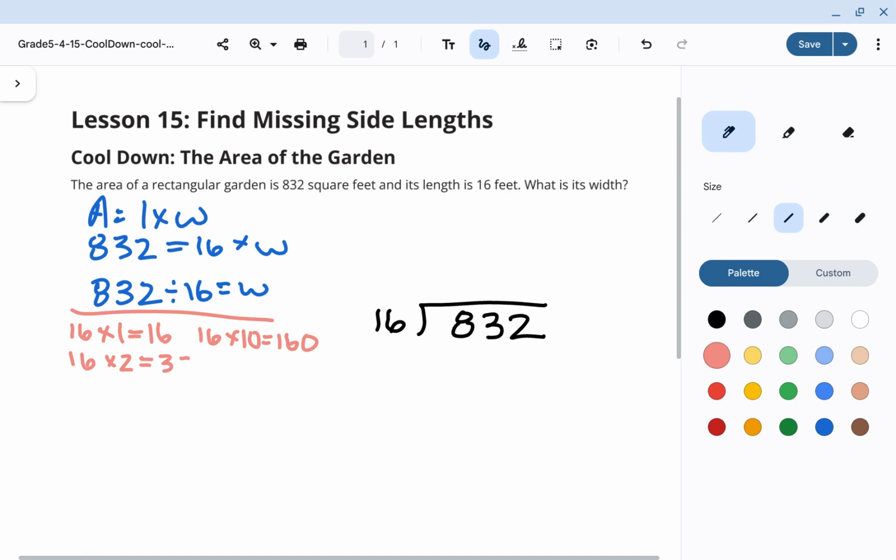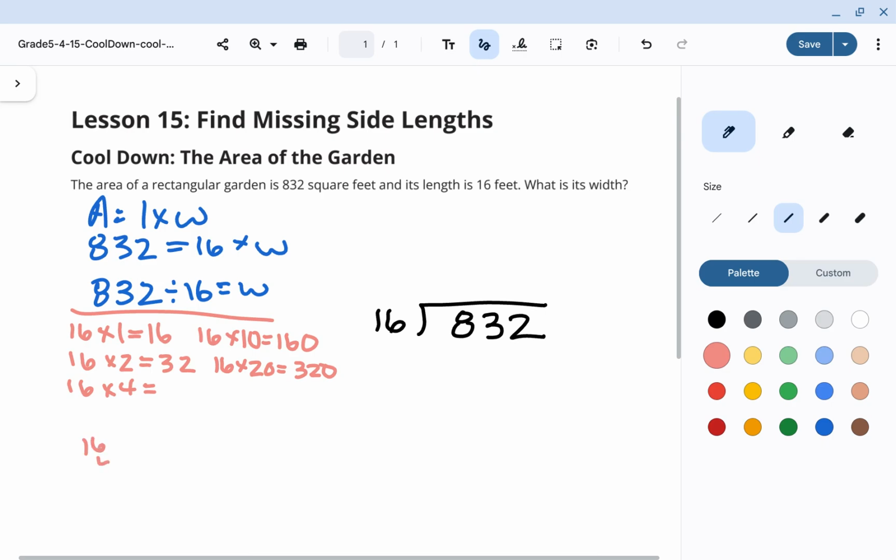That's going to be 32. Since I know that, I also know that 16 times 20 would give us an answer of 320. That might be helpful looking at this particular quotient, but I want to go a little bit higher. I'm going to bump all the way up and go to 16 times 4 and see if I get a good idea for a good starting place.